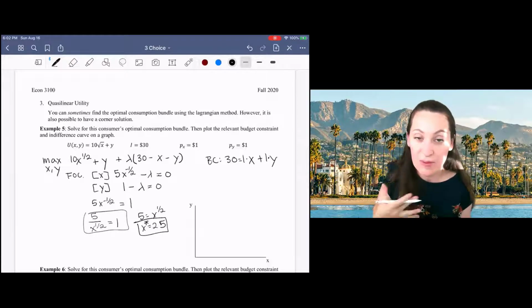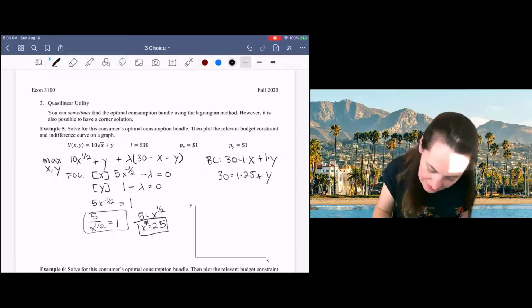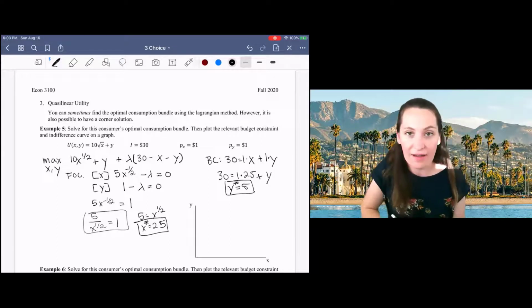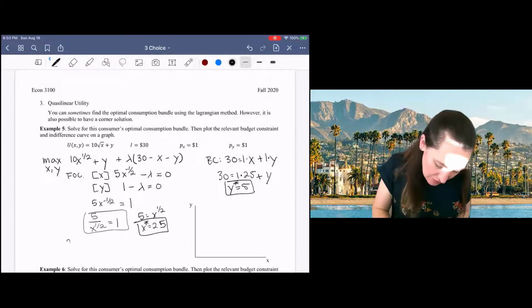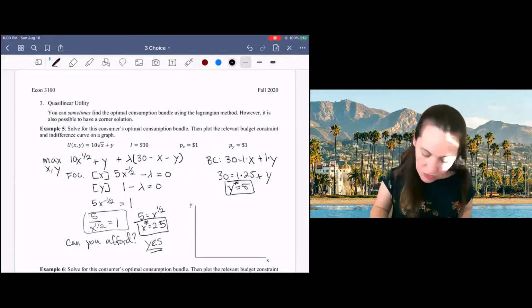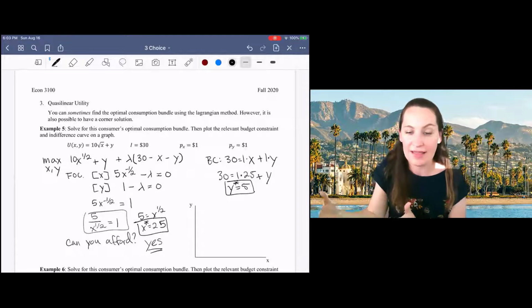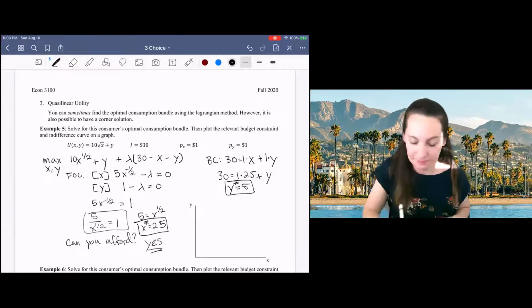I'll spend $25 on x, and then I'll have the rest left over to spend on y, so I will purchase 5 y. So we want to know, can you afford it? Yes. Then it's not a corner solution. You buy your optimal quantity of x, and then you purchase some amount of y.